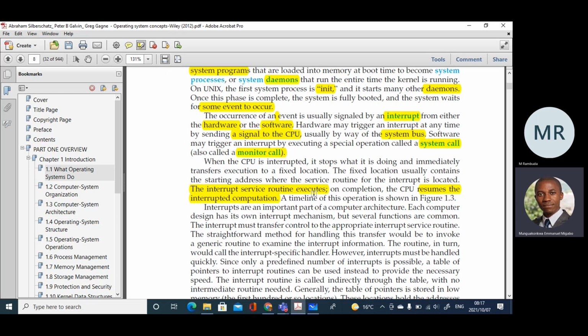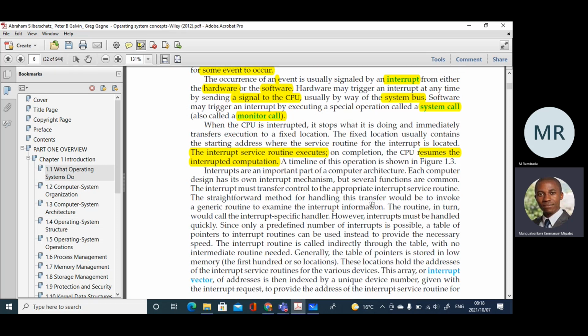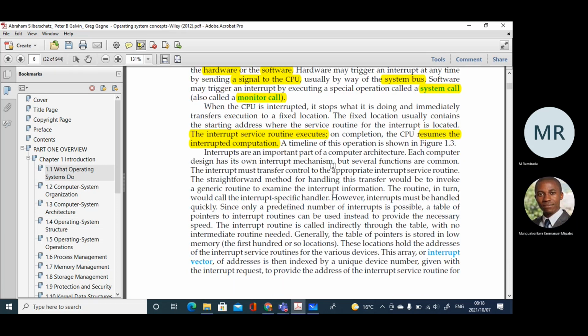That's the role of the stack, because that is where the CPU keeps the record of the last address it was executing, so that by the time it comes back, it knows where to take it from. Make sense? Yes, it makes sense.